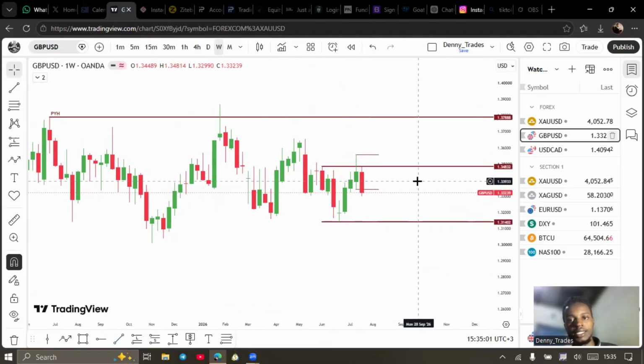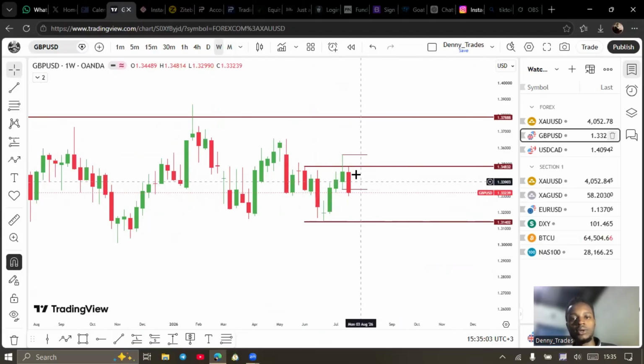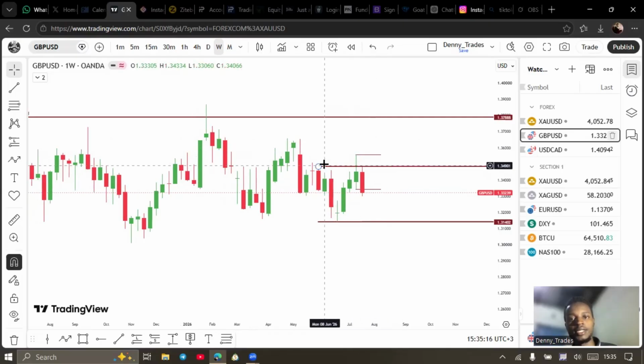It's either trading below or above the previous week's high. But if it traded above the previous week's high, there was also a likelihood that it was going to reverse. But at this point, you see it traded above a previous month's high, which was a potential reversal level. So that's a key level, monthly key level.